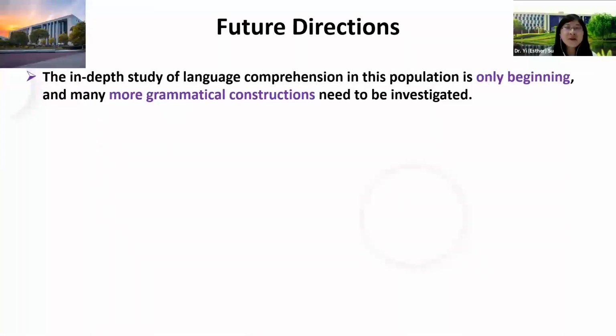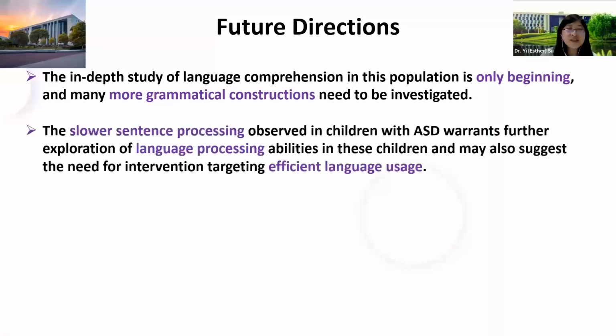And we also think the in-depth study of language comprehension is only beginning. More grammatical structures need to be investigated. We also found slower sentence processing in our SVO studies, which means that we need to explore the language processing abilities in children with ASD, and we also need corresponding intervention strategies.